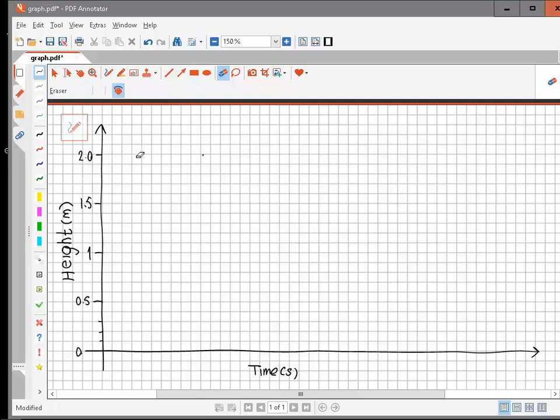The next step now is to choose a scale for the time axis. Once again, we'll count the number of squares that we have on this axis. 1, 2, 3, 4, 5, and so on, up to 44.